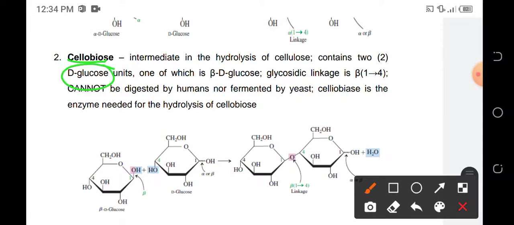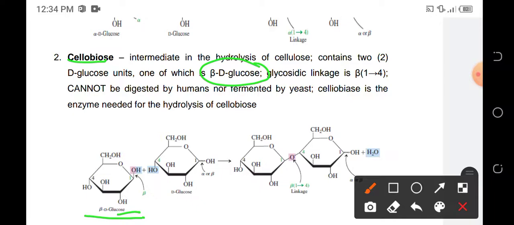So, parehas silang nangangailangan ng D-glucose. However, the requirement for cellobiose, one monosaccharide should be a beta D-glucose unit. So, kung kanina kay maltose ay alpha D-glucose, ang requirement niya, dito naman kay cellobiose, kailangan doon ng beta D-glucose.